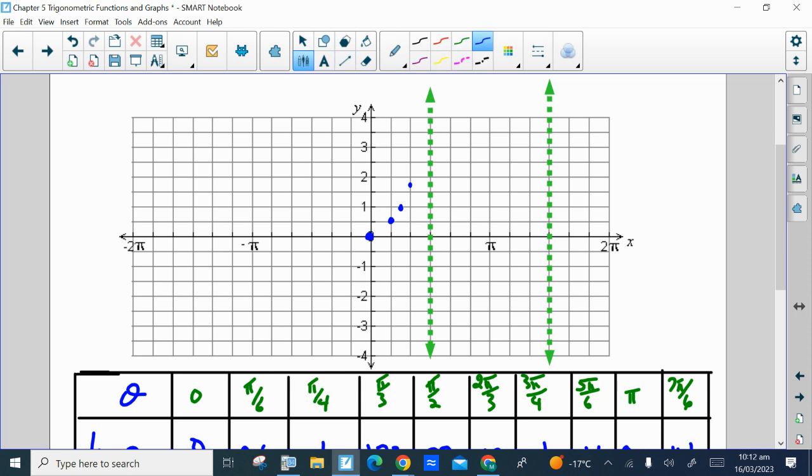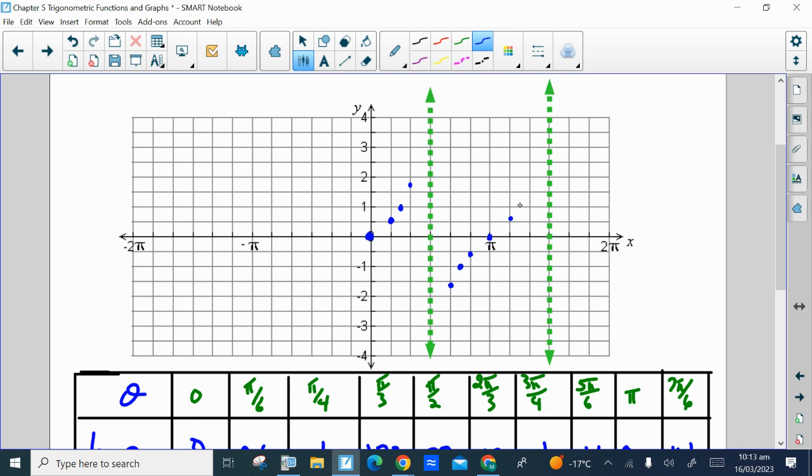Okay, we can go back now and finish plotting our points. At 2 pi on 3, which is 4 pi on 6s, we're at negative 1.73. At 3 pi on 4, we're at -1. At 5 pi on 6, we're at -0.6. At pi, we're at 0. At 7 pi on 6, we're at 0.6.